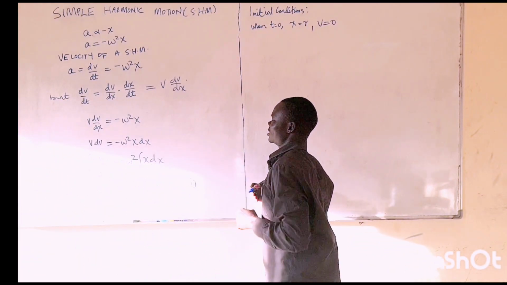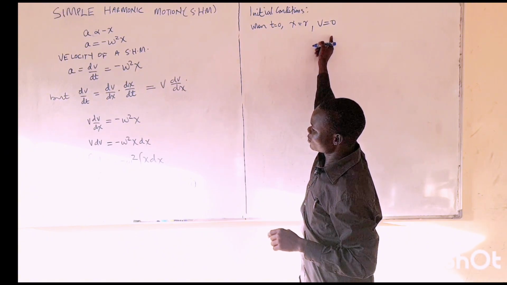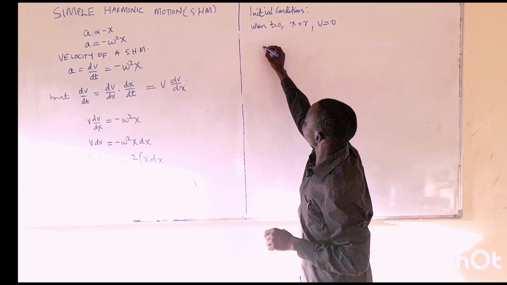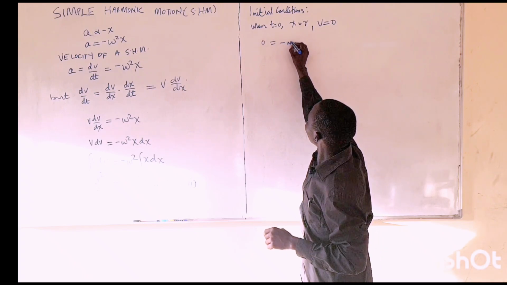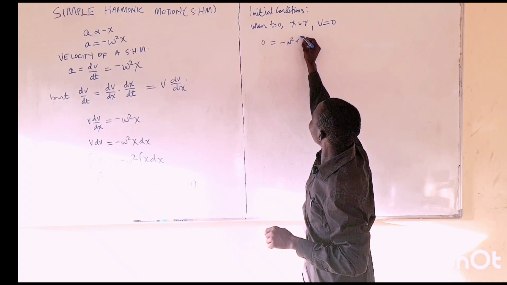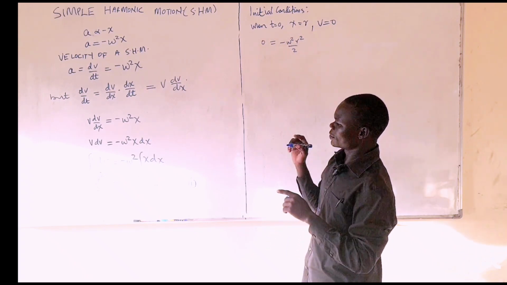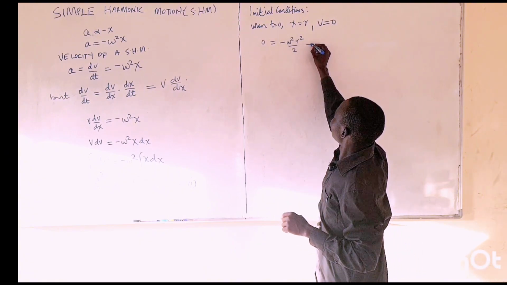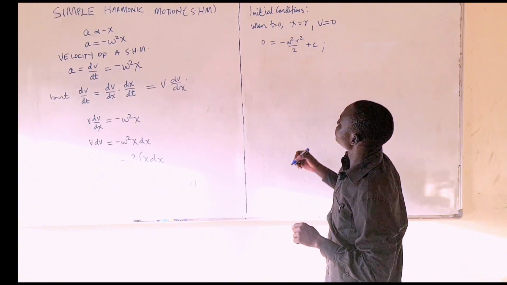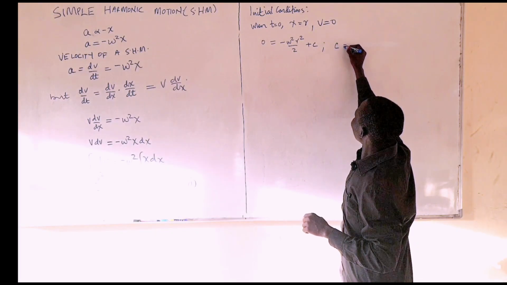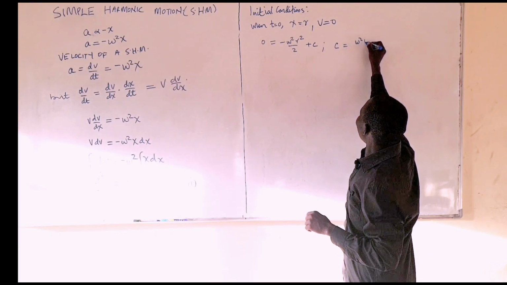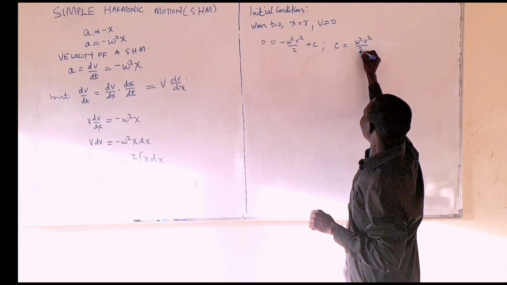Substituting there, v is equal to 0, so we shall have 0 is equal to negative mu squared r squared over 2, because x is equal to r, plus c. And in this case, we make c the subject, and c is going to be mu squared r squared over 2.